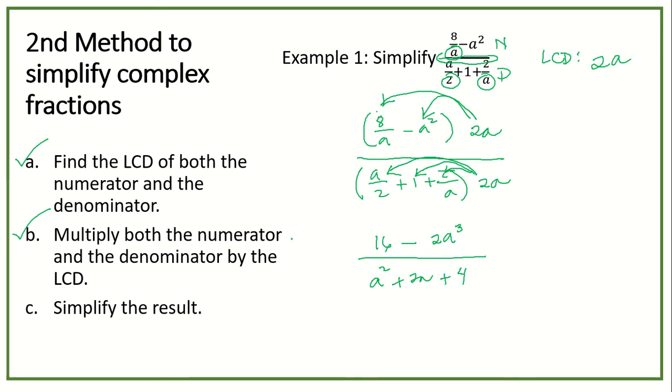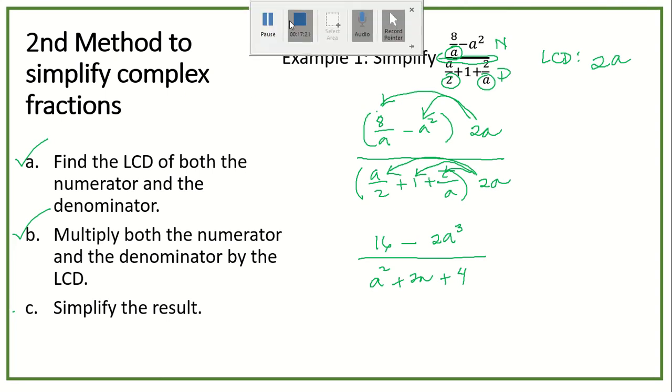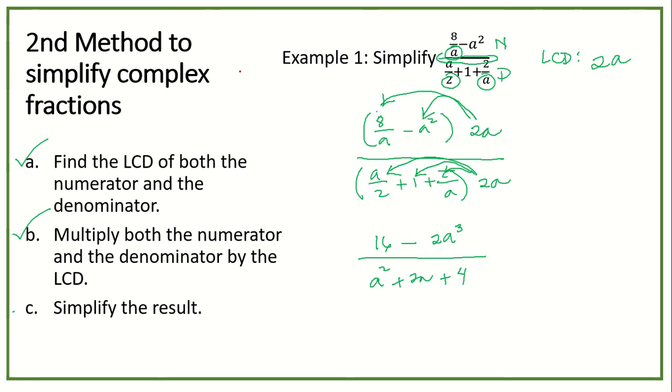Now, we're asked to simplify the result by using factoring. Okay, if you look at the numerator, 16 minus 2a cubed, notice that you can factor out 2 as a GCF.